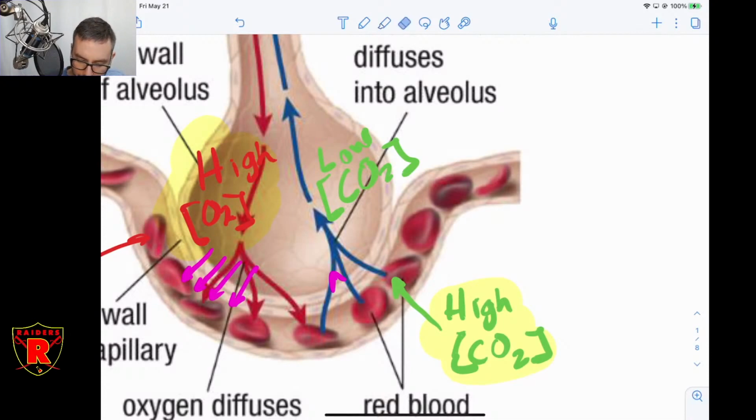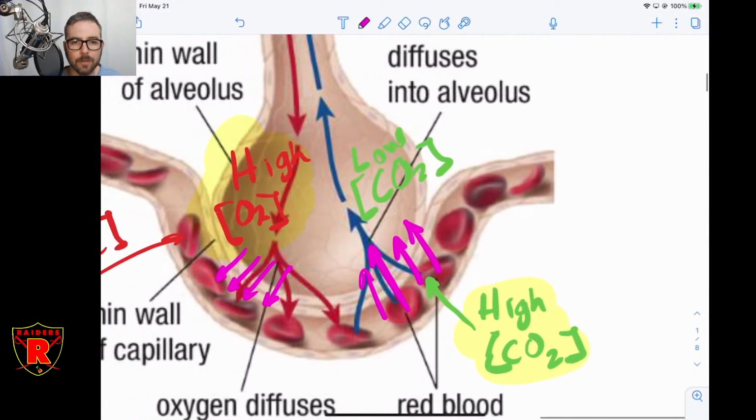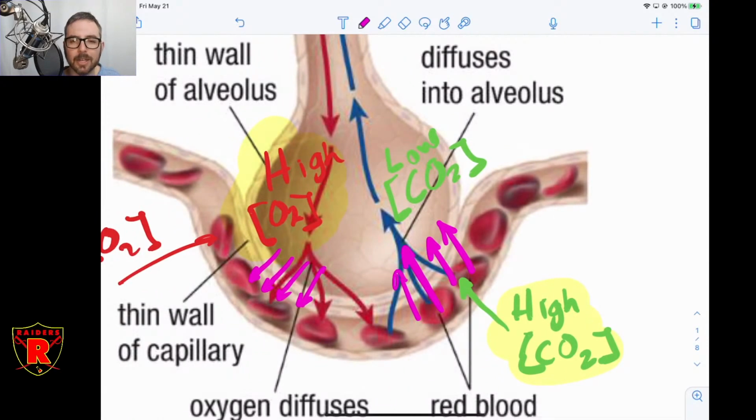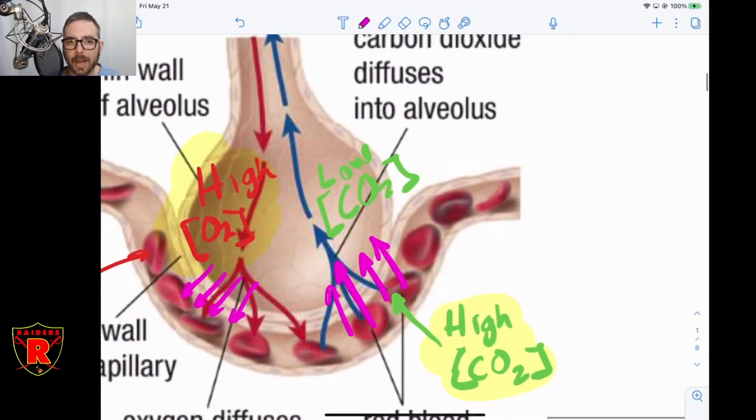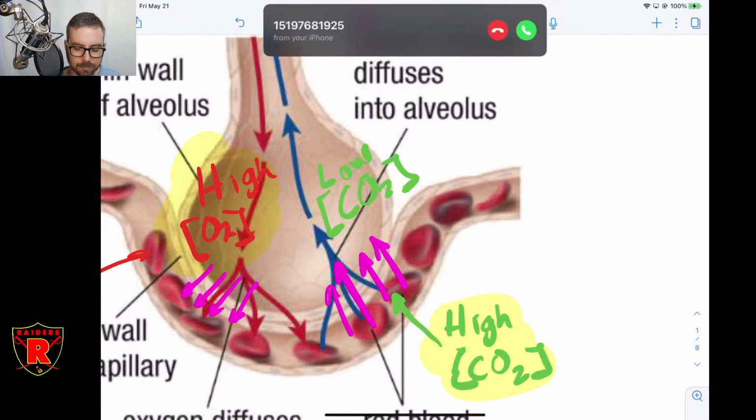So if you've got low CO2 in the alveoli because you're breathing, and you've got high CO2 in your blood, there is another diffusion gradient that exists here, but with CO2. And so that CO2 now is going to diffuse out of your blood. So you have two simultaneous diffusions that are happening here. You've got oxygen diffusing into your blood, and you've got CO2 diffusing out of your blood at the same time.